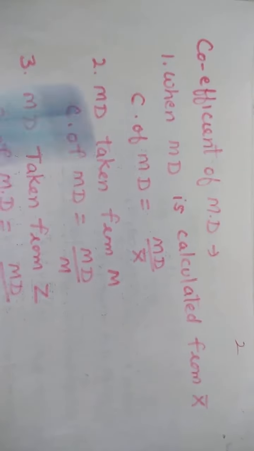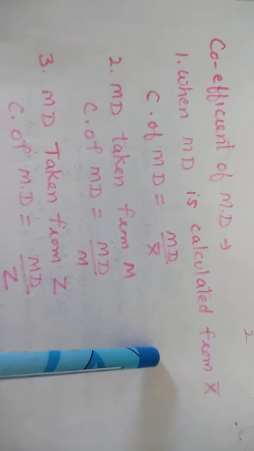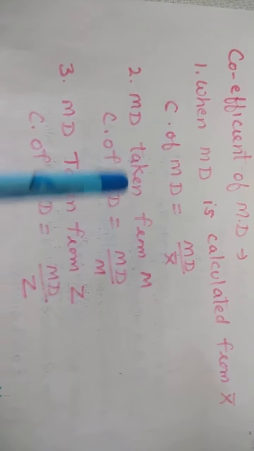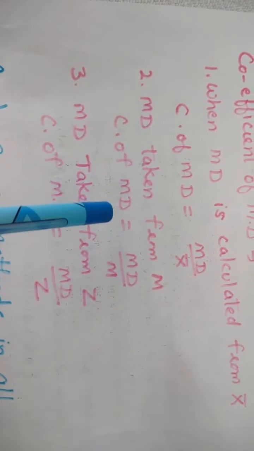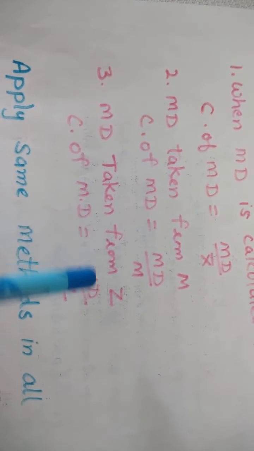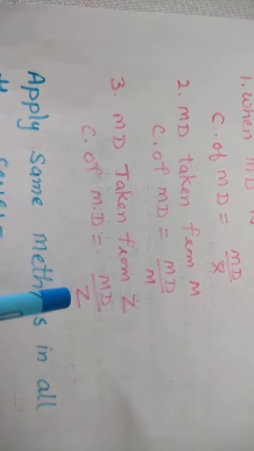And how to calculate coefficient of mean deviation? When mean deviation is calculated from mean, then coefficient is MD divided by mean. When mean deviation is taken from median, coefficient of mean deviation is MD divided by M. M means median. When MD is taken from mode, coefficient is MD divided by Z. Z is mode.